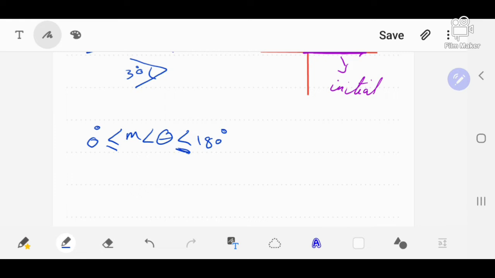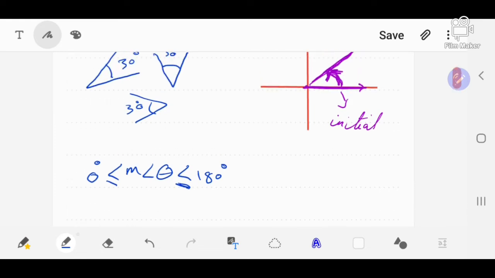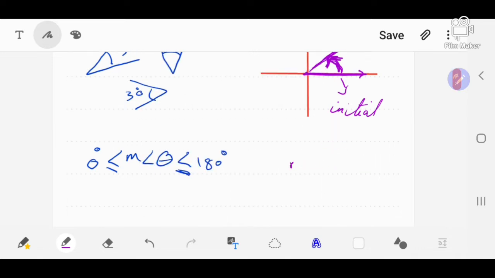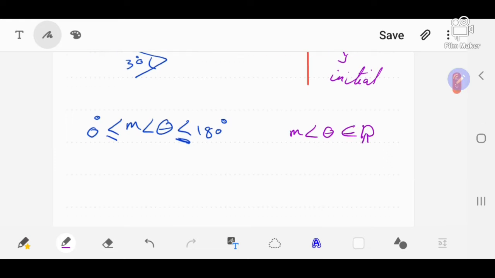What about trigonometry? In trigonometry, actually, the measure of any angle could be any real number. So it could be positive, it could be negative, it could be rational, fraction, decimal, it could be anything.